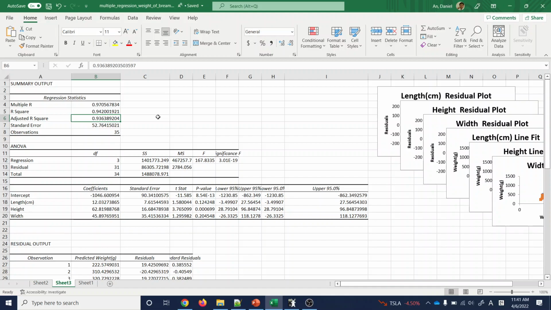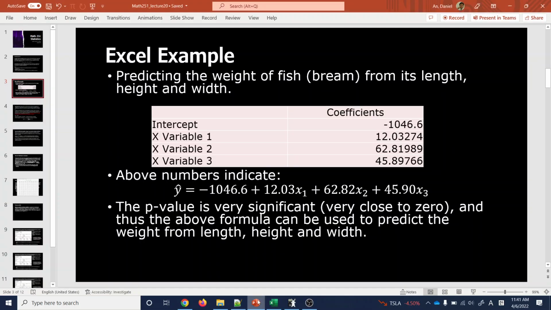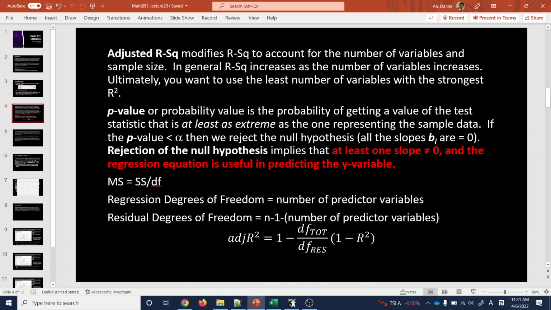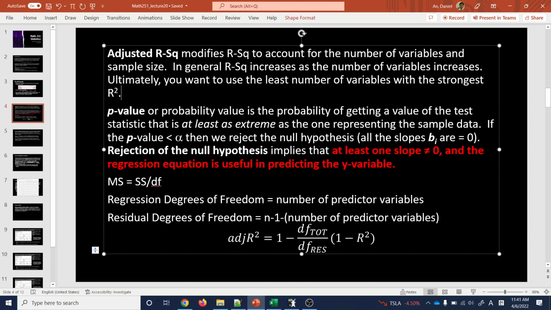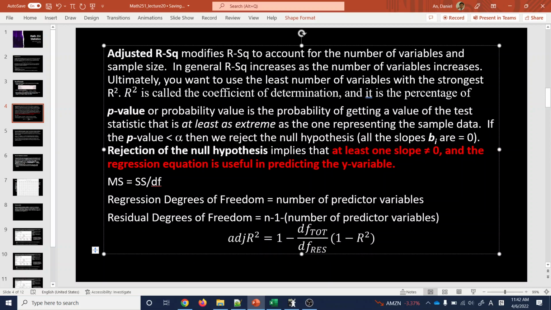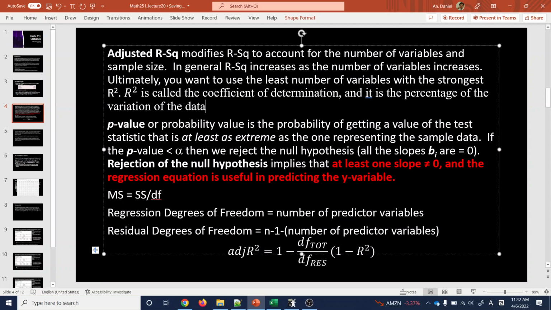So maybe I should write that here. This R squared is called the coefficient of determination, and it is the percentage of the variation of the data that can be explained by the regression.